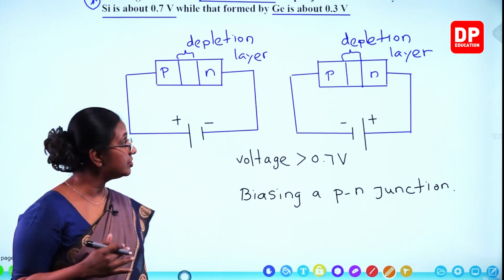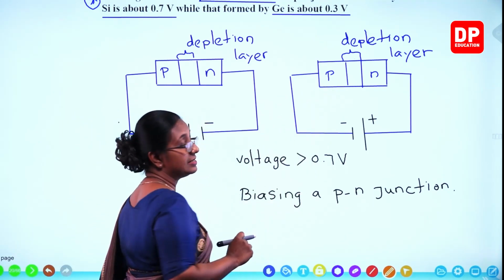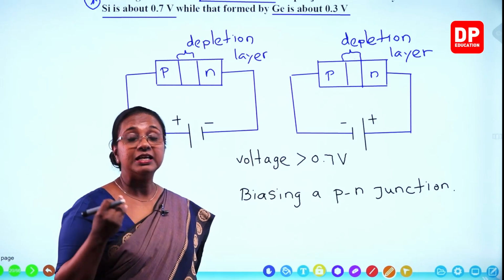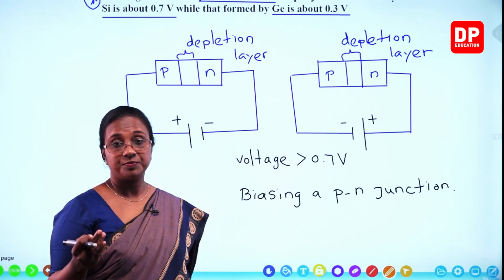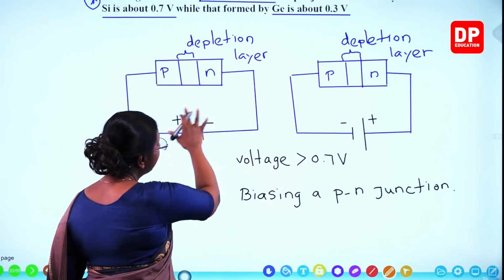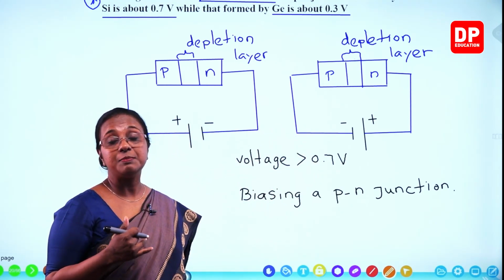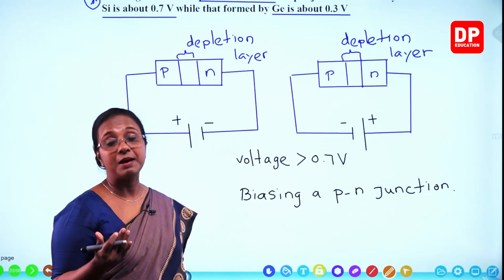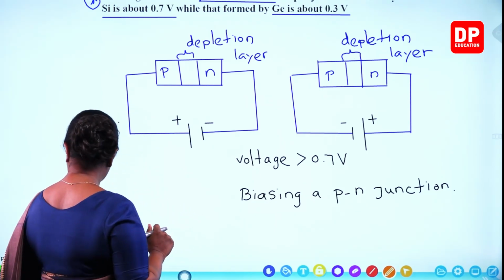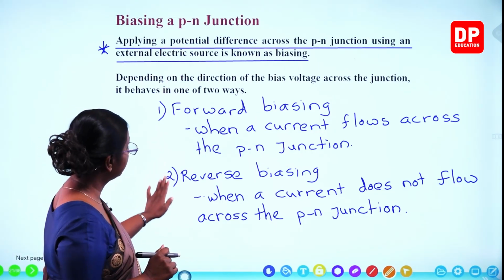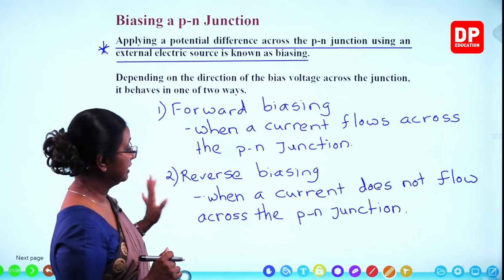If the current does not flow across the PN junction, we will call it reverse biasing. But either way, supplying this potential difference using an external power supply is known as biasing. Is that clear, students? So, here are the two ways of biasing.